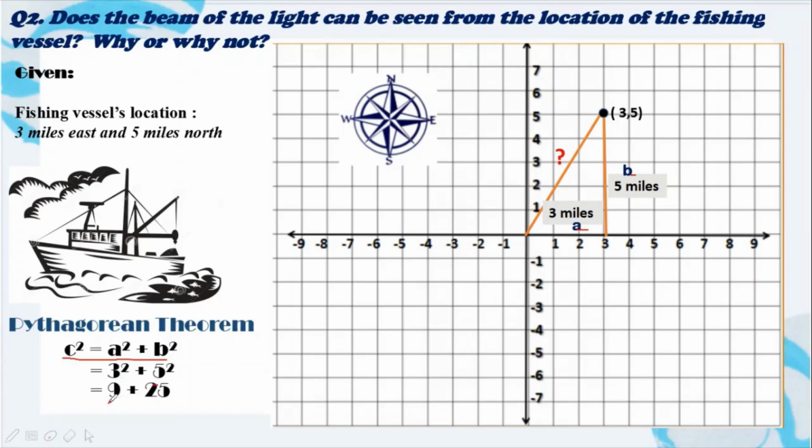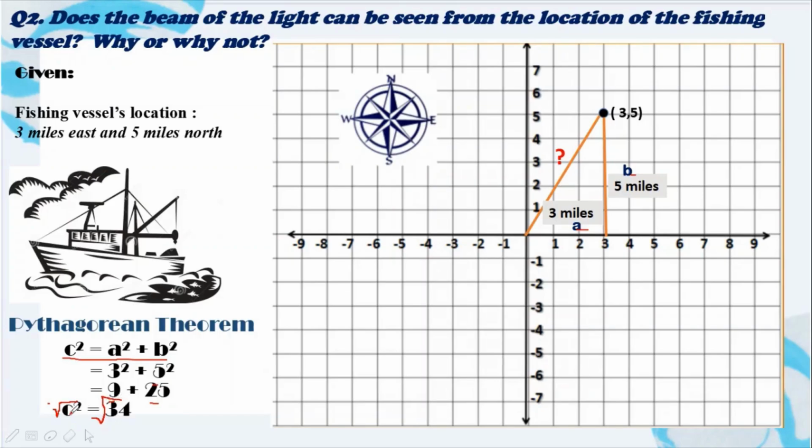3 squared is 9, 5 squared is 25. Then add, so we have 34 as c squared. Now, we need to find the value of c, not c squared. To eradicate the square, we need to find the square root. Since we find the square root of the left side, the same goes with the right side.